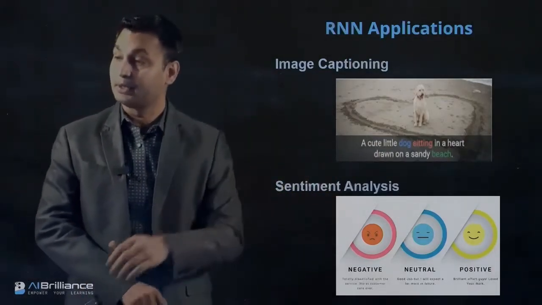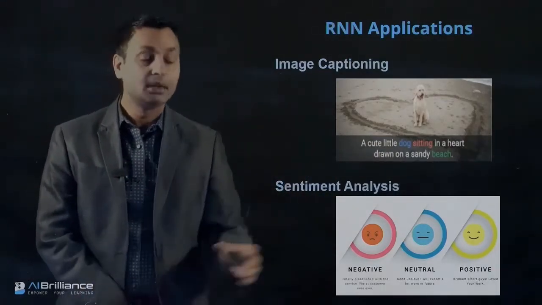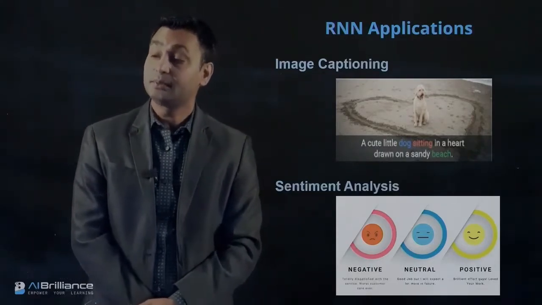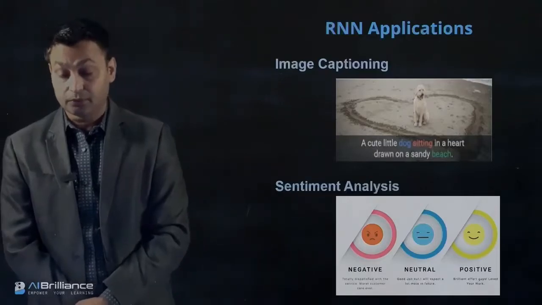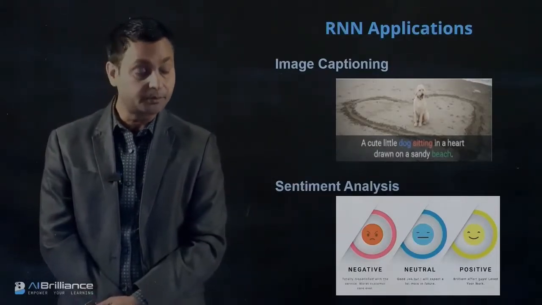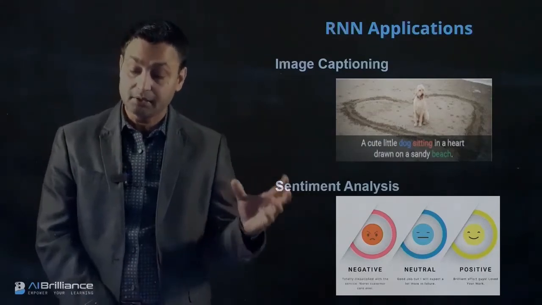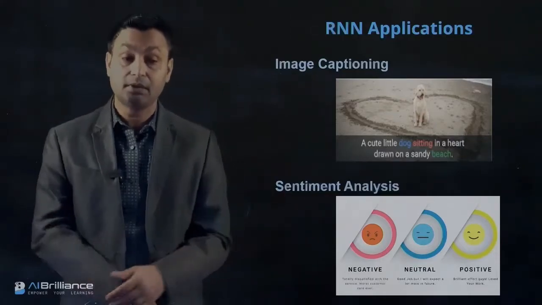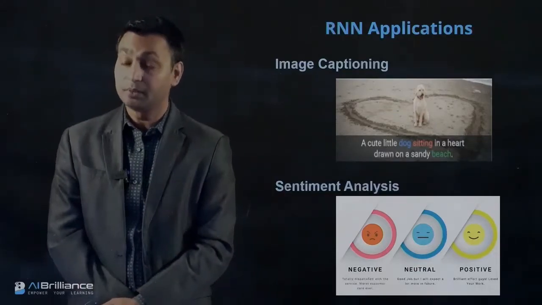The second example I want to quickly mention, which is widely used online, is sentiment analysis. For example, if you go to Amazon or other online shopping malls, people put in their comments, which might be very detailed and span multiple sentences.